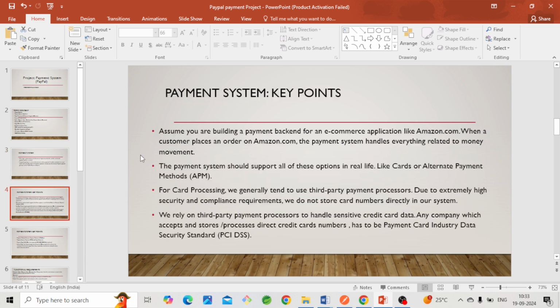Now, we will discuss the key components associated with the payment system. Assume we are building a payment backend system for an e-commerce application.